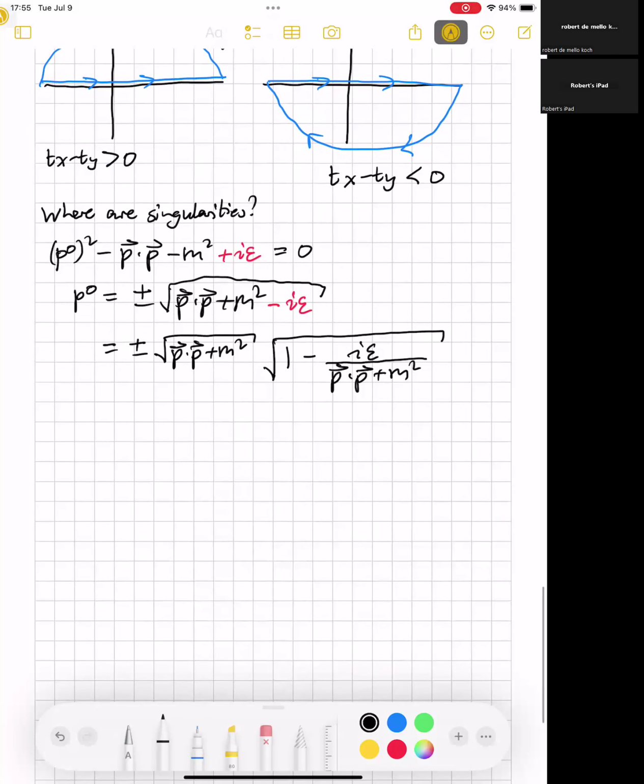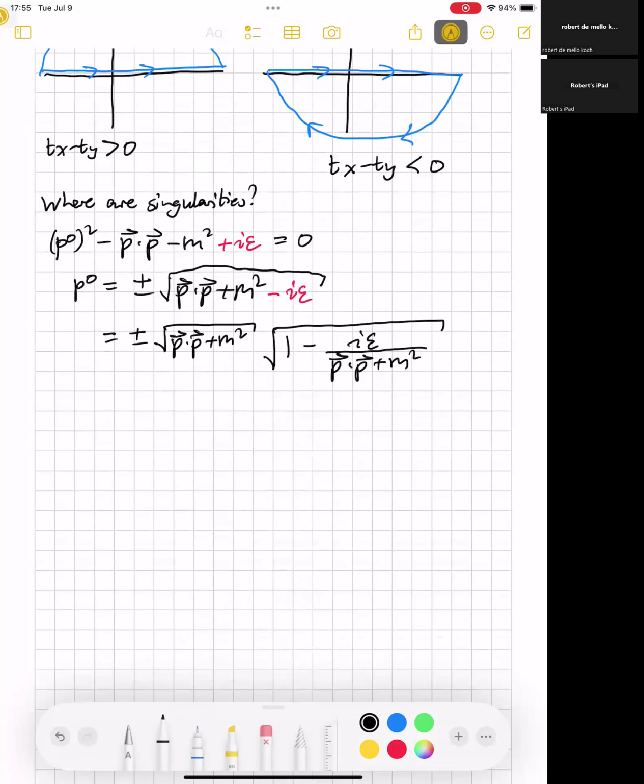Well, this is plus or minus omega P. That's what P dot P plus M squared is. And then if you have got the square root of 1 minus X, and X is extremely small, this is 1 minus a half X, and then there's order X squared that you're dropping when you do this, okay?